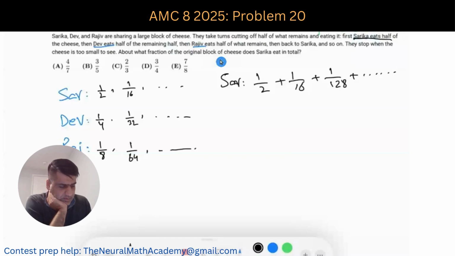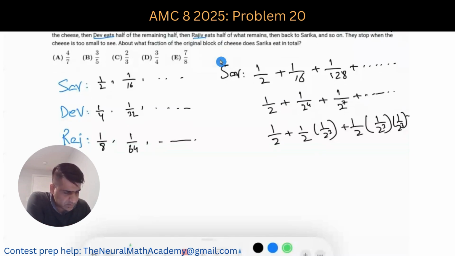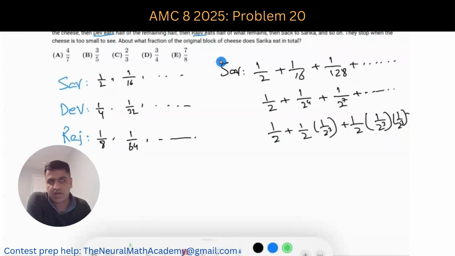So if I now change it to the power of 2, it will be like this, plus 1/2 to the 7, and plus it continues. So now I can again write it like this. So now from here I can see that this is a geometric series problem.